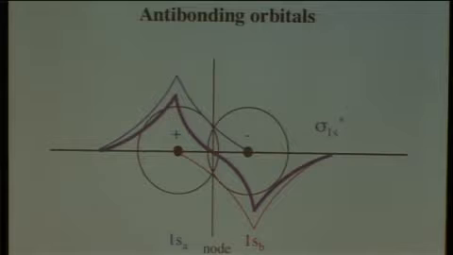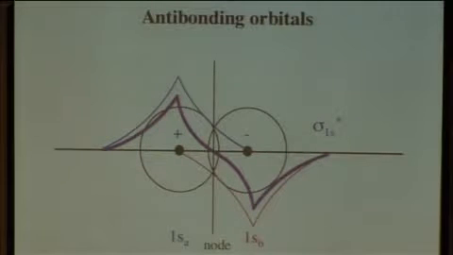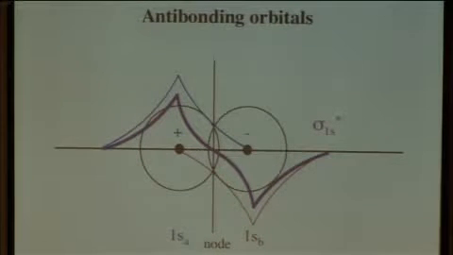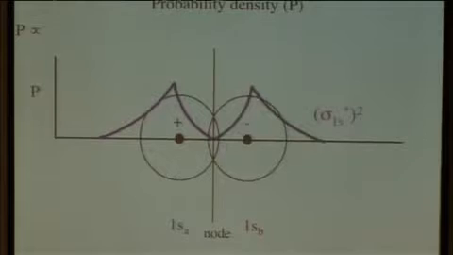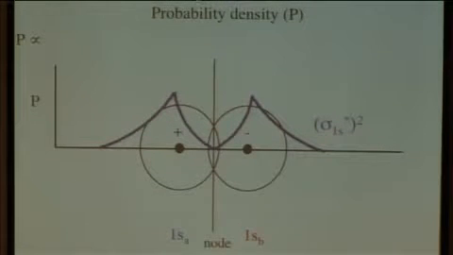So again, if we look at this in terms of its physical interpretation or probability density, what we need to do is square the wave function. So if we square sigma 1s star, we flip the amplitude so it's all positive now. But again, we still have this node right in the middle. So if we talk about the probability density and we write that in, it's going to be sigma 1s star squared.